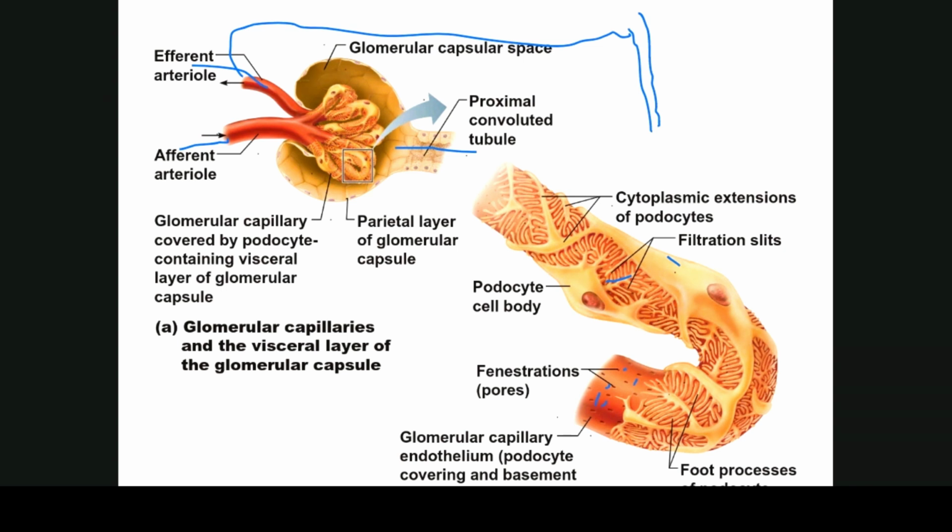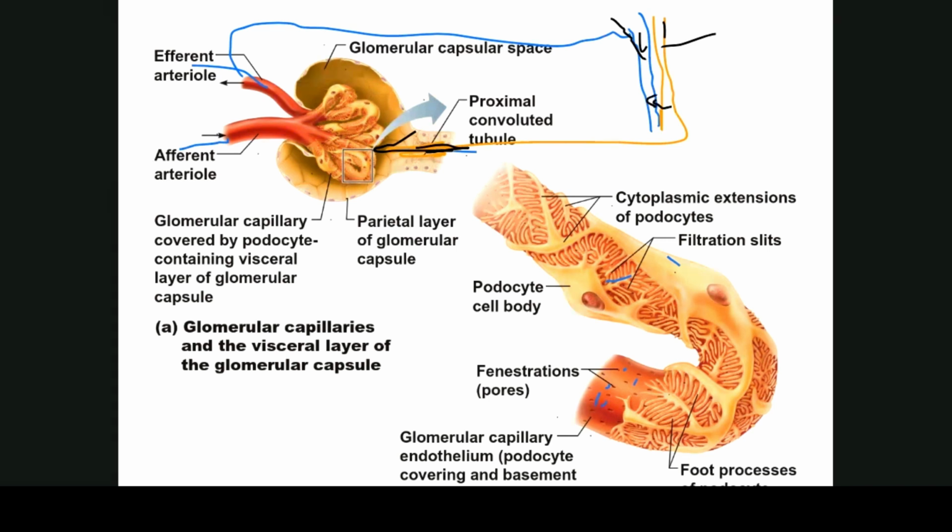So they're going to sit side by side. So we have the sludge blood from the efferent arteriole here. We have the proximal convoluted tubule here. So you have high concentration, low concentration. So water gets sucked back into here.